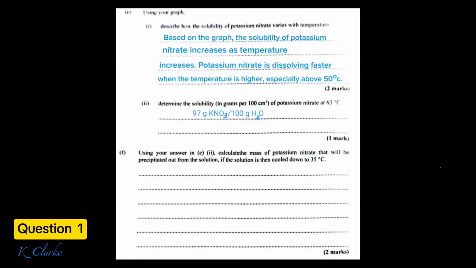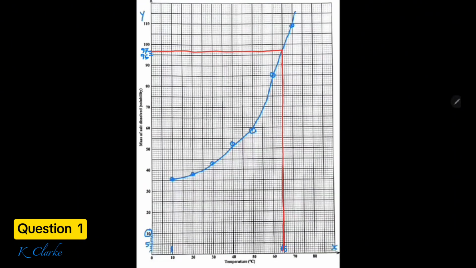F. Using your answer in E II, calculate the mass of potassium nitrate that will be precipitated out from the solution if the solution is then cooled down to 35 degrees Celsius. First, we have to find 35 degrees Celsius on the x-axis.